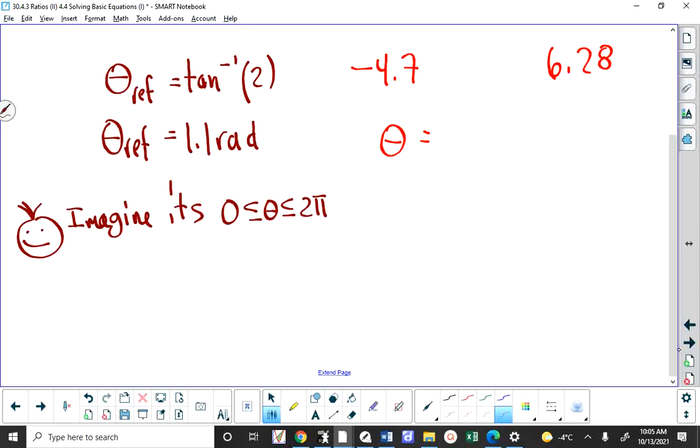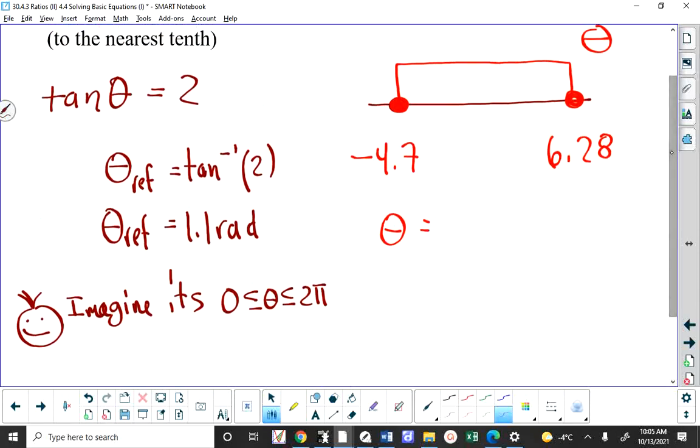Solve the problem as if you're going from 0 to 2 pi. So tangent of theta was a positive number. In which 2 quadrants is tangent positive? Well, 1, where x and y are both positive, and 3, where x and y are both negative, because negative divided by negative gives you positive, and tangent is y over x.